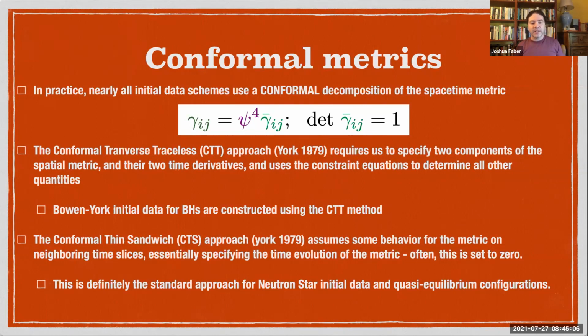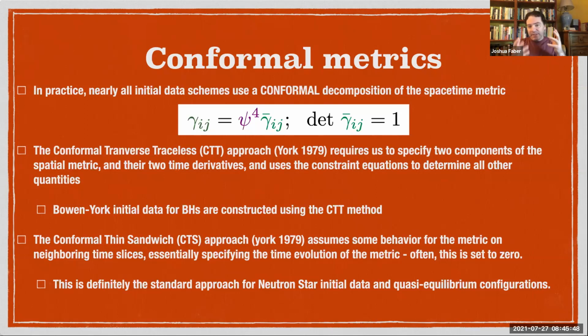So conformal thin sandwich data is what you might expect if you want to say that your data is initially in some kind of quasi-equilibrium mode. I'm going to specify my data at time equals 0, and then require at time equals epsilon, where epsilon is small, that the metric and everything else has evolved in a given way, typically as some kind of rotation along that killing vector. By doing so, if I know my initial metric and how it's behaving at the start, it specifies the time derivatives, those first derivatives in time of the metric as well.